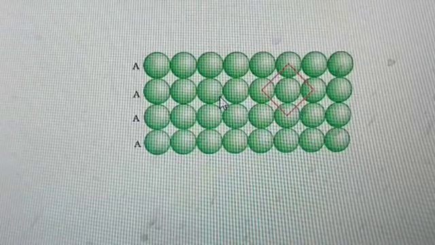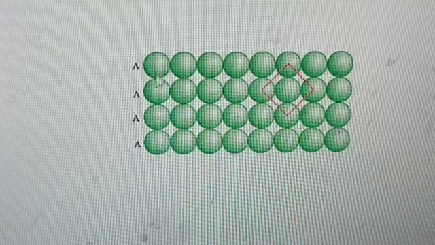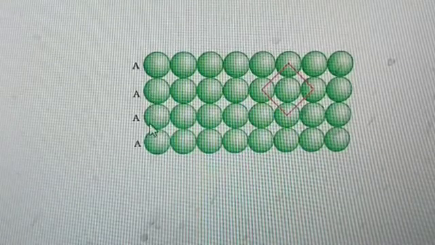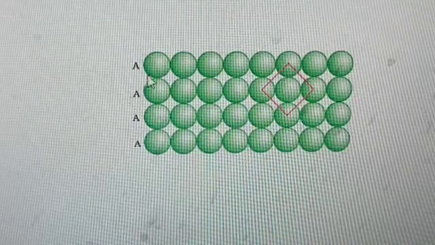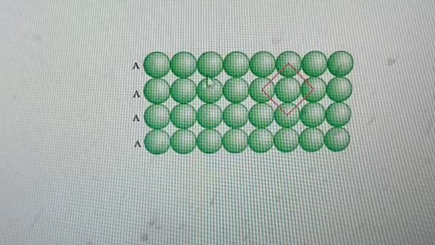Okay, this is called AA type of arrangement because the constituent particles are arranged exactly onto the other. This is the A layer, and the next A layer also occupies exactly the same position.